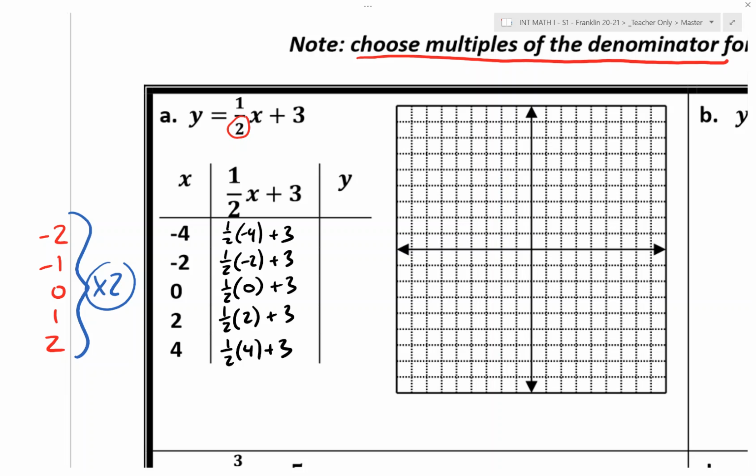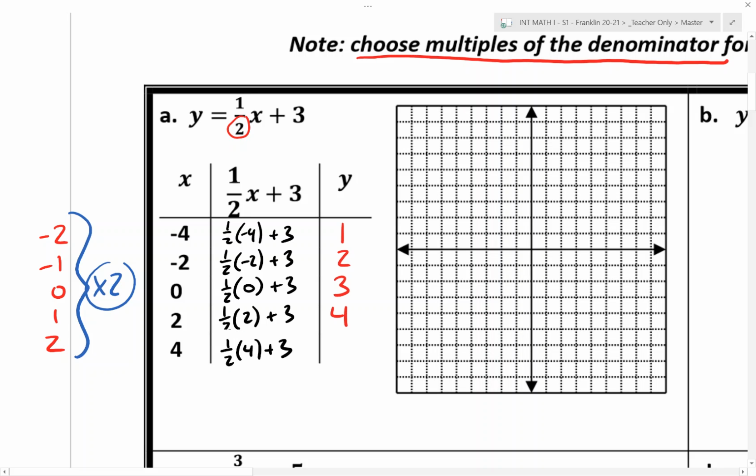So this first one, we've got 1/2 times -4 plus 3. Well, 1/2 times -4 is -2, and -2 plus 3 is 1. So already you can see we're not getting fractions, we're getting whole numbers. 1/2 times -2 is -1, plus 3 is 2. 1/2 times 0 is 0, plus 3 is 3. 1/2 times 2 is 1, and 1 plus 3 is 4.